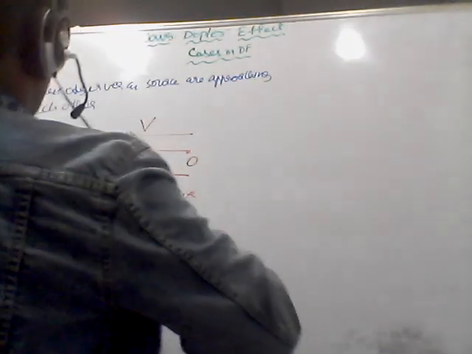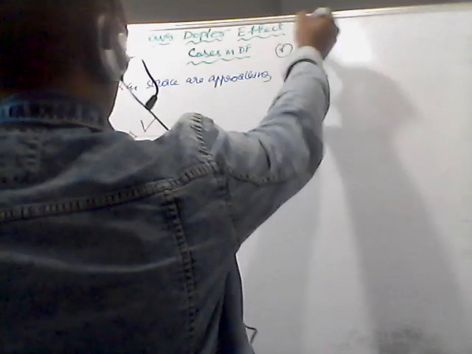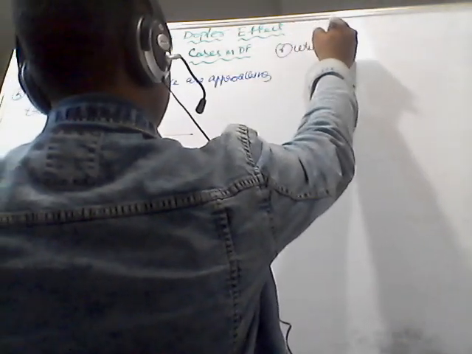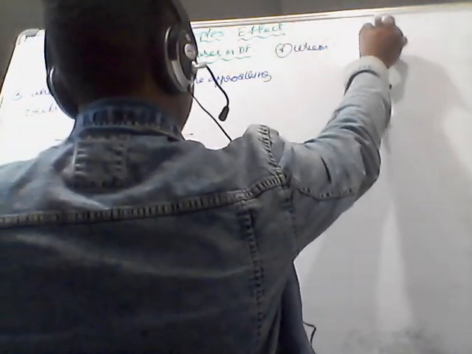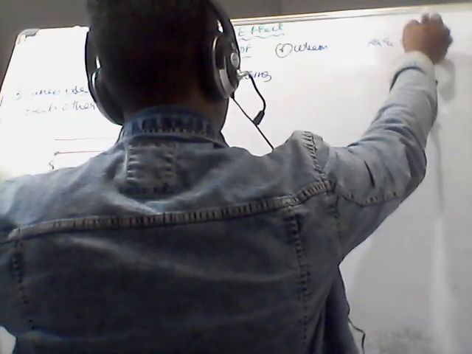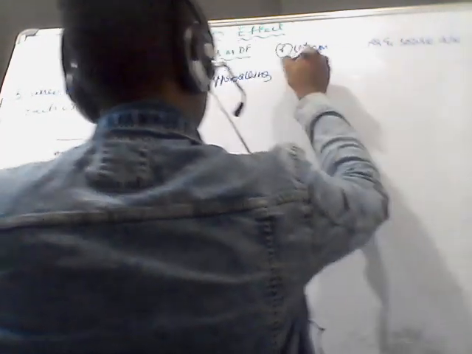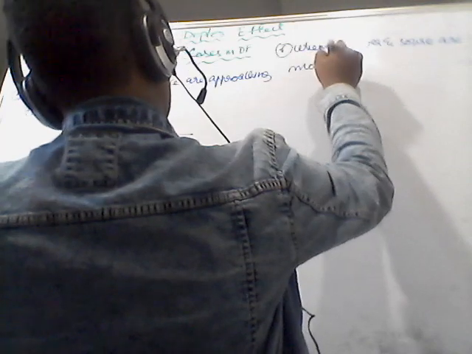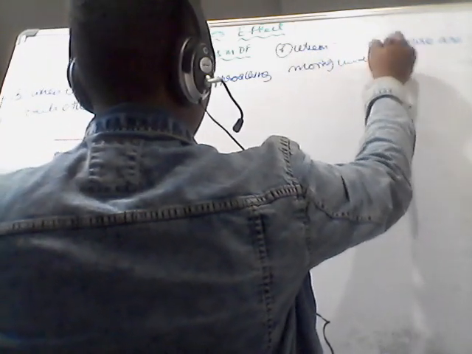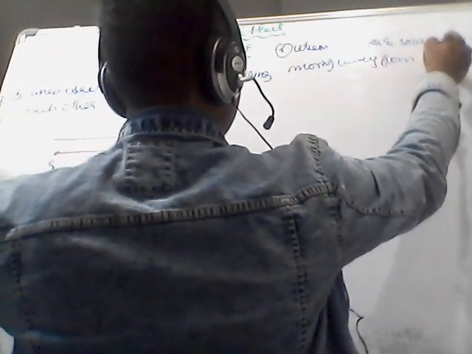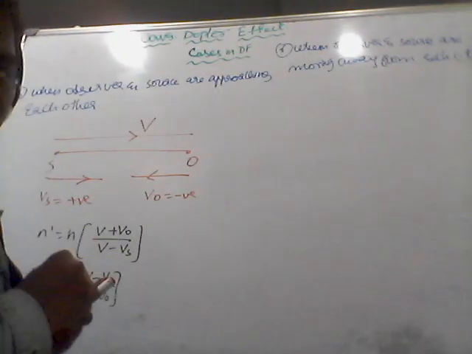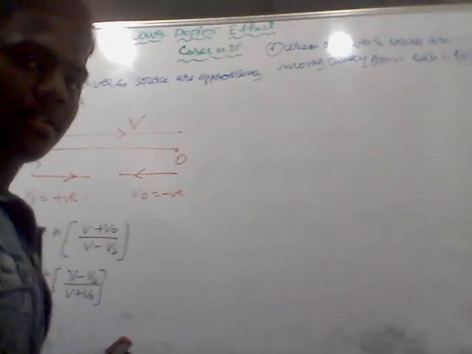That's case 6, the brother of case 5. Can anyone guess what will be the case 6? When observer and source are moving away from each other. Away from each other. Let me draw it in a pictorial form. Okay.